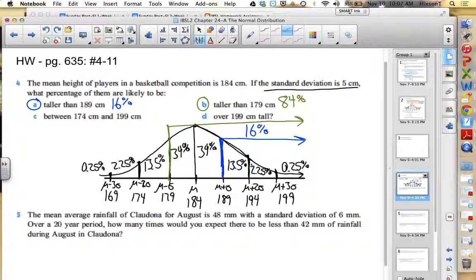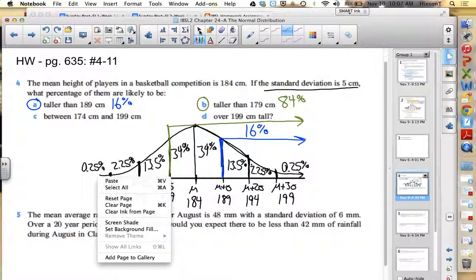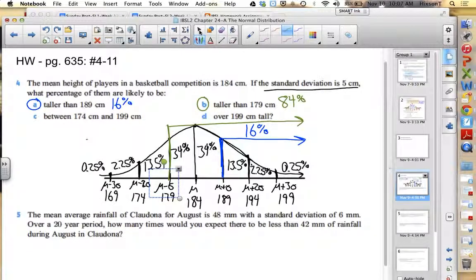If this is 16% here, then this over here is going to be 16% as well, and 100 minus 16 is 84%. That's called the complement principle. All these percentages have to add up to 100%. We're talking about probabilities, so everything has to add up to 100%. If this is 16 to the left, we know 84 has to go to the right.